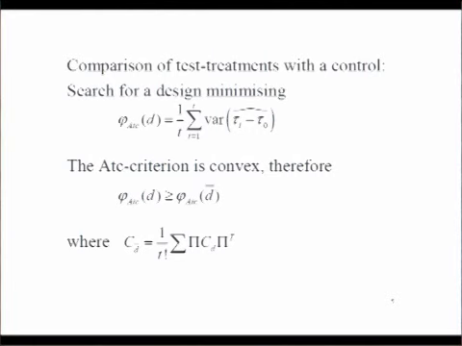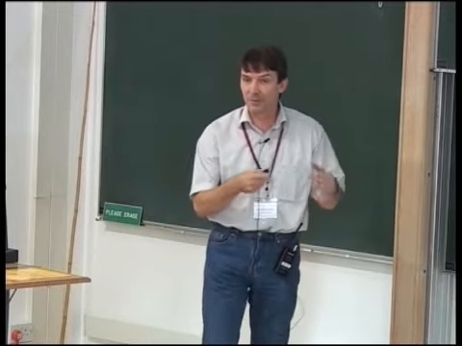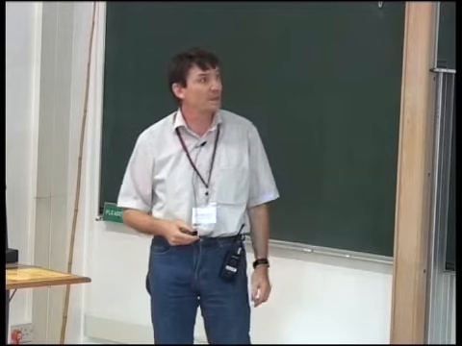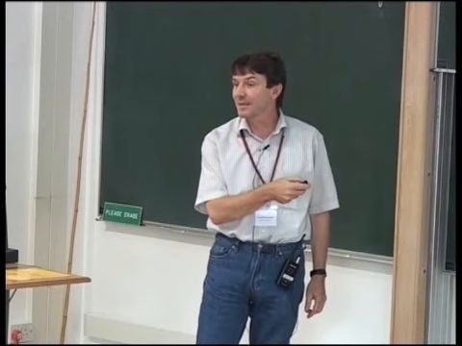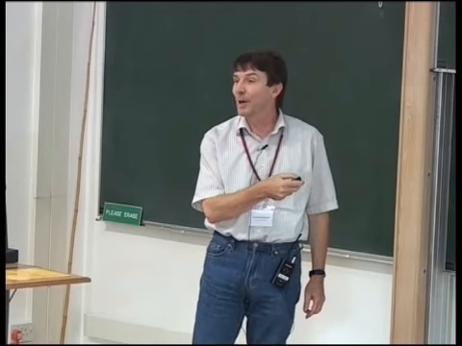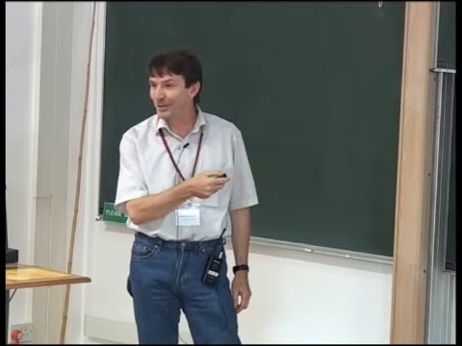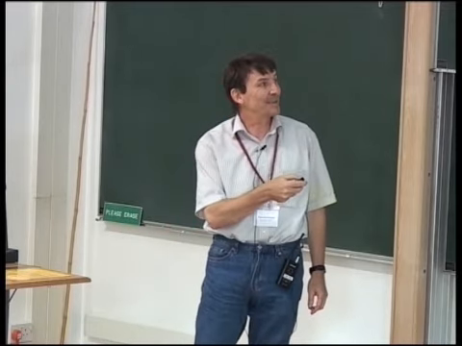We multiply to the left and right by permutation matrices which come from permuting the test treatments, and then we average. In general, this will be a non-existing design. If you have very many blocks, then you can actually derive this design.